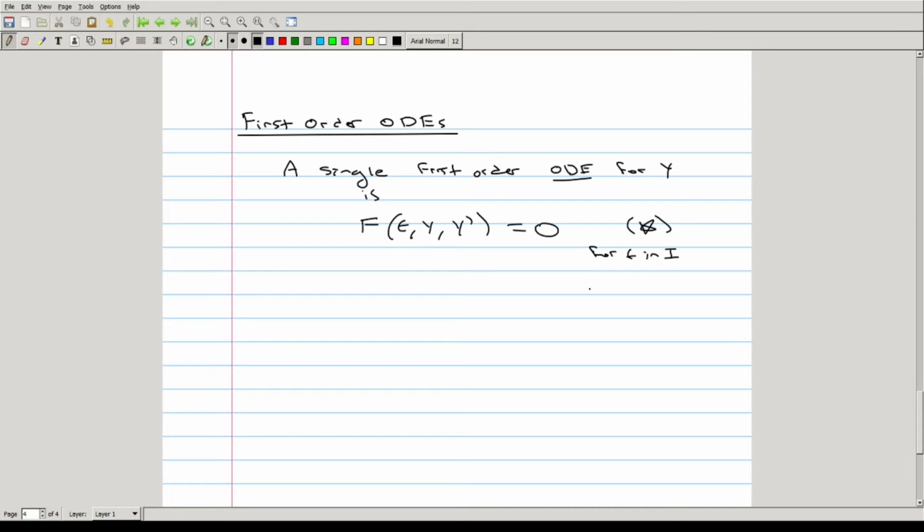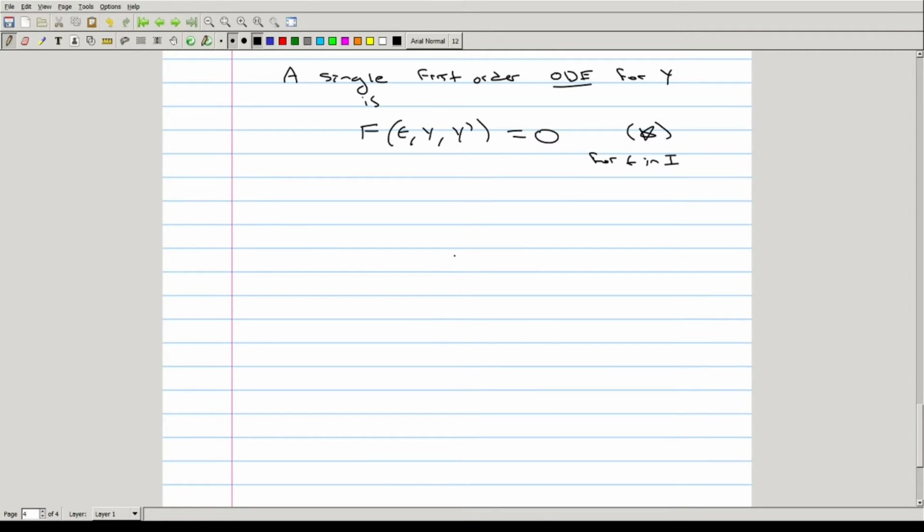If we can solve for a solution, it can be written as a function y of t, and this equation will have to be satisfied for every single t in the interval. Now, the theory in the book, in much of the ODE theory, involves rewriting this a little bit, solving for y prime.